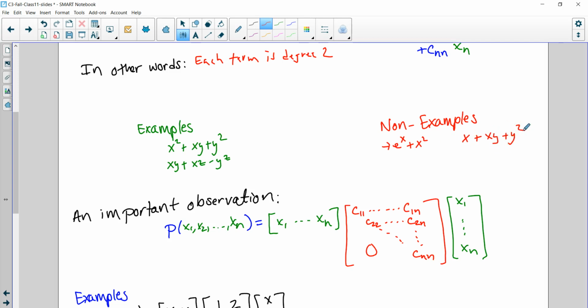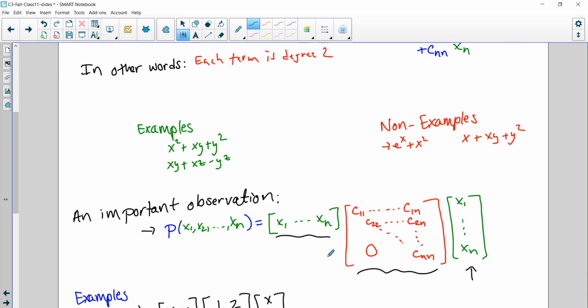The upshot of all this is that if you rearrange it with a little bit of cleverness, you can represent that polynomial in n variables as a matrix of your variables times your coefficient matrix, and then times the transpose.